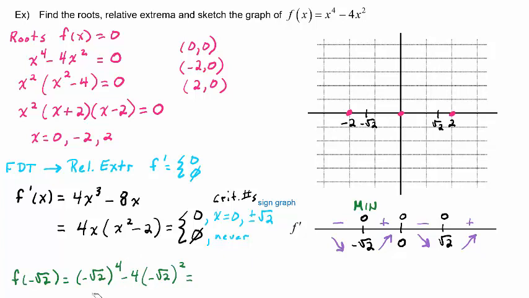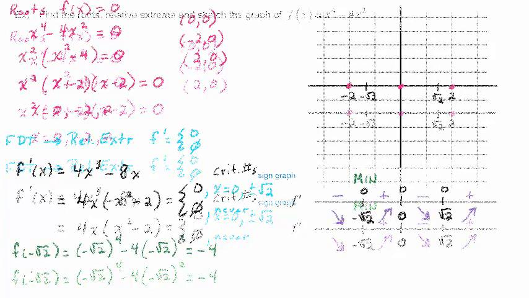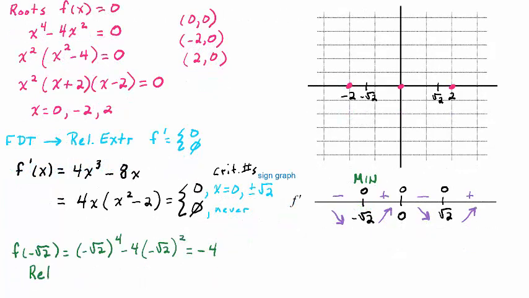So this is going to be 4. This negative rad 2 squared is going to be positive 2. So we have 4 minus 8, and that's negative 4. So that means we will have a relative min at the point (negative radical 2, negative 4).